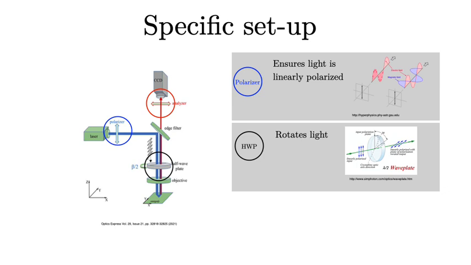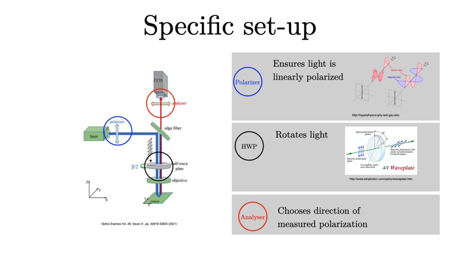For our purpose, the half wave plate rotates light. When we say rotates light, we really mean rotates the polarization of light. And finally, the analyzer basically picks a direction of the measured polarization. So this is where we pick the direction for GS, for example, so the scattered polarization.